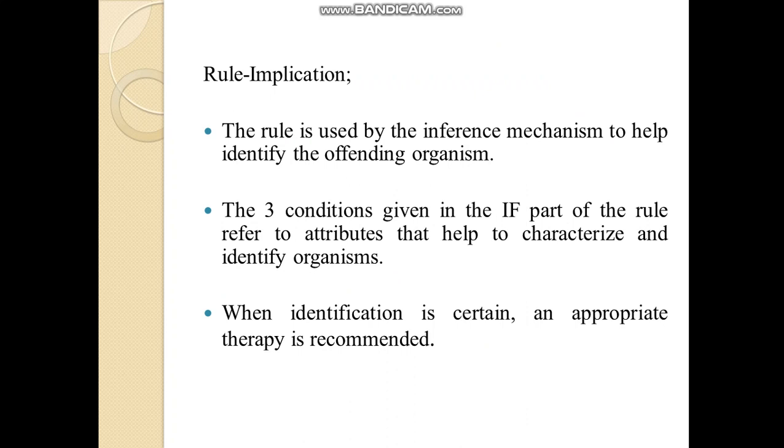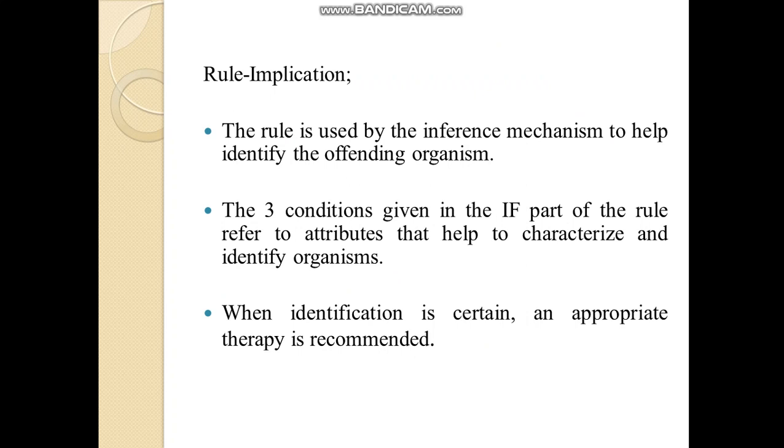Rule implication. The rule is used by the inference mechanism to help identify the offending organisms. The three conditions given in the IF pattern of the rule refer to attributes that help to characterize and identify organisms.